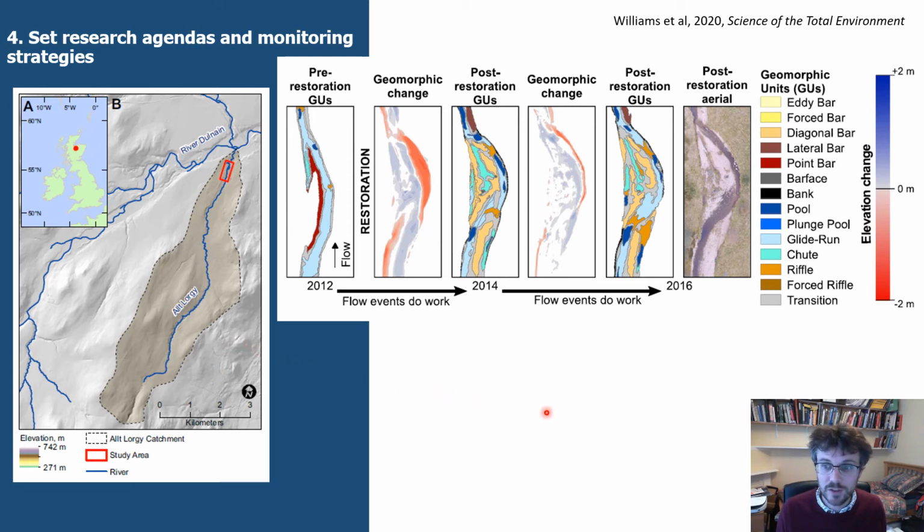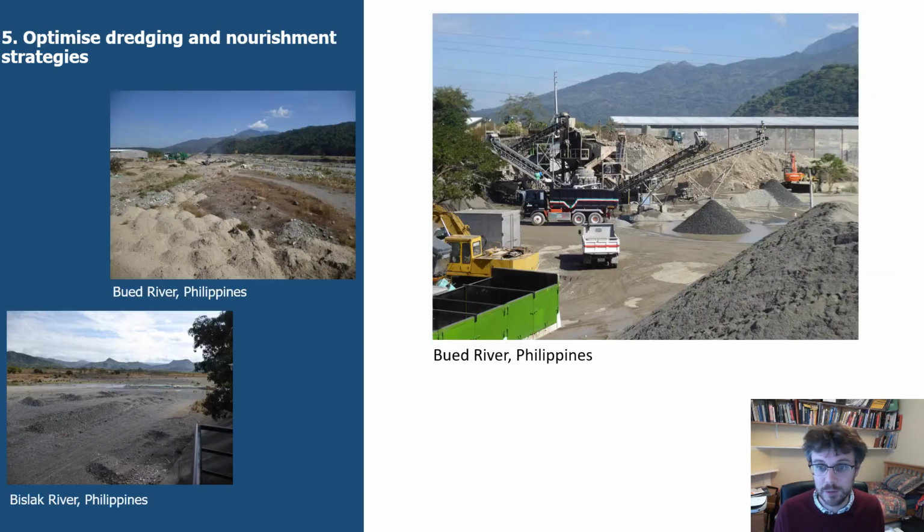However, a monitoring strategy was put in place to monitor those elevation changes through time. In this diagram on the screen, you can see how a single meander bend evolved and how compound bars developed through time. We acquired a series of topographic surveys in 2012, in 2014 and 2016, and we've continued this research as part of an adaptive management strategy.